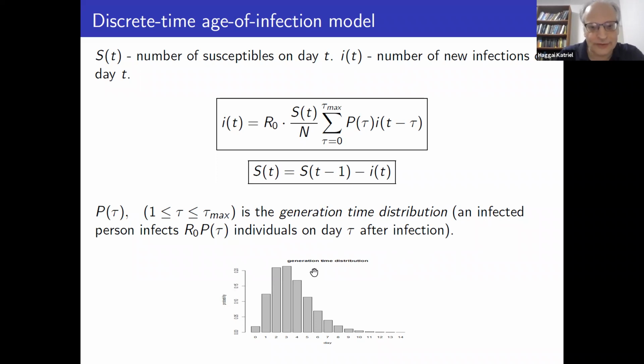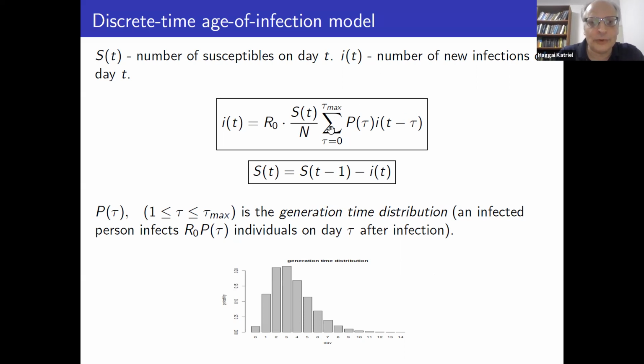So here we have the generation time distribution that we used, and it's based on epidemiological investigations, where we know that this person infected this person, so we have the statistics on the number of days.